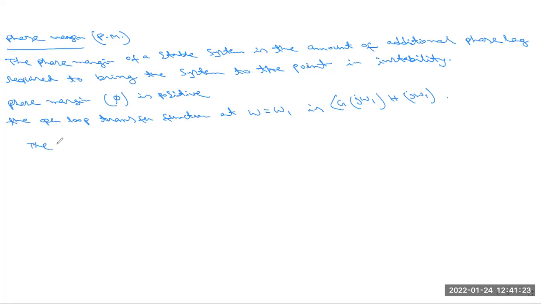So what is the basic equation? The phase margin is given by, we express it as PM, the phase margin. This equals 180 degrees plus the angle of G(j omega) H(j omega).